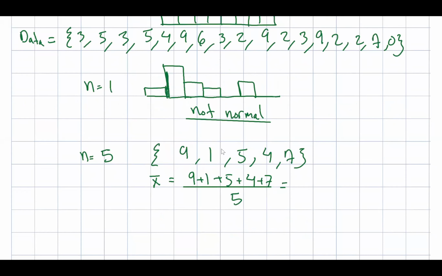So we get 9 plus 1 plus 5 plus 4 plus 7, which is 26. I want you to divide it by 5. If you do 26 divided by 5, you get 5.2. Does everybody see how I got the 5.2?